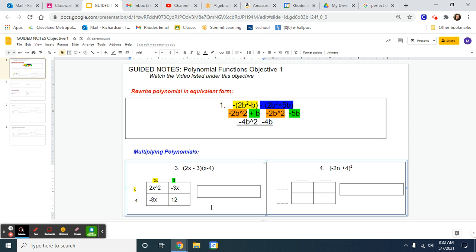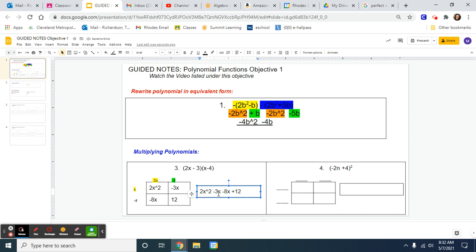Okay, now that's not my final answer. I need to pull out all of these terms to make one final answer. So I'm just going to go in order. I'm going to first pull out my 2x squared. Next, my minus 3x. Next, my minus 8x. And then lastly, my positive 12.